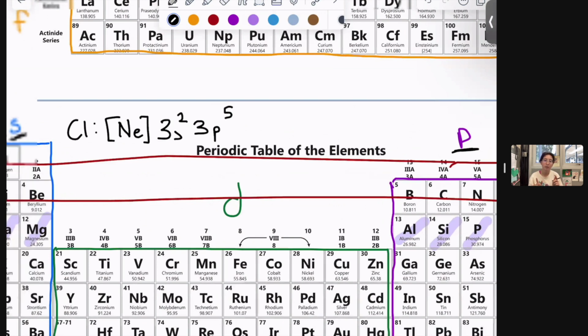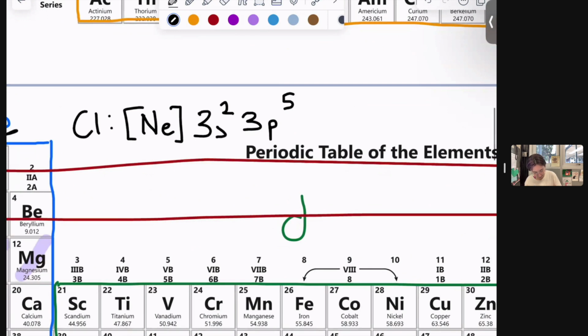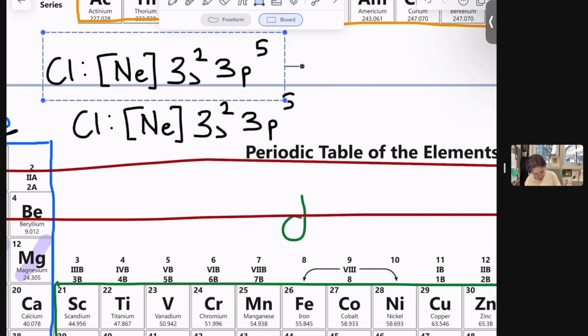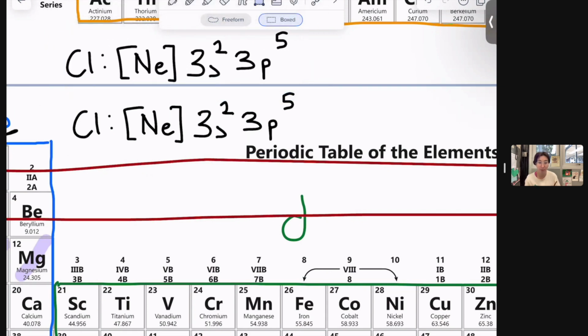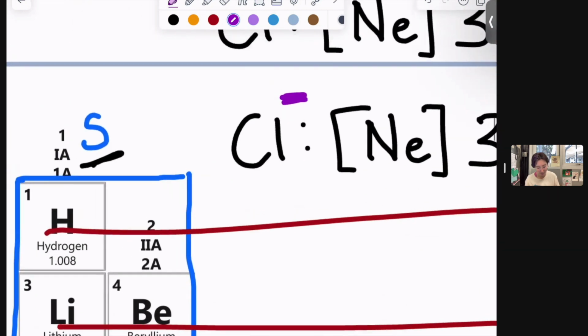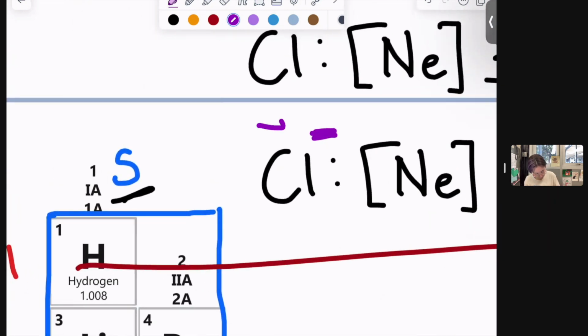Now, what it says on your paper, you might notice, is that this would be if it was neutral chlorine, right? Just normal chlorine. But as it says on your paper, we actually want to get our electron configuration for the chlorine ion. So chlorine -1. So think to yourself, what does it mean that we have a -1?